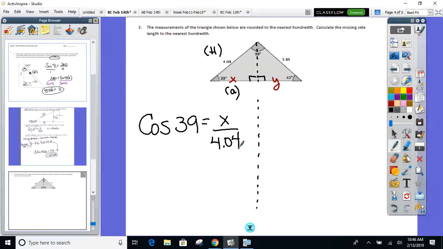Solve, don't round. And then it looks like on the other triangle, I'm also going to use cosine, but not 39. Use it with 42 and 3.85 as the hypotenuse.